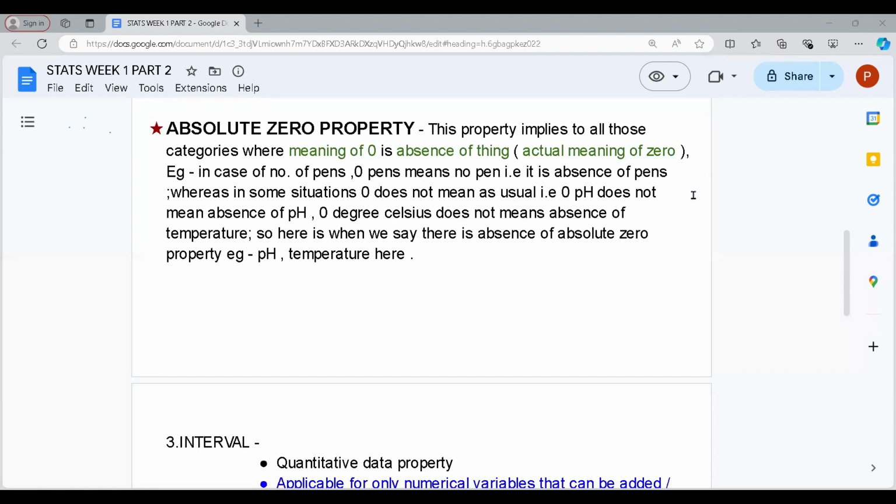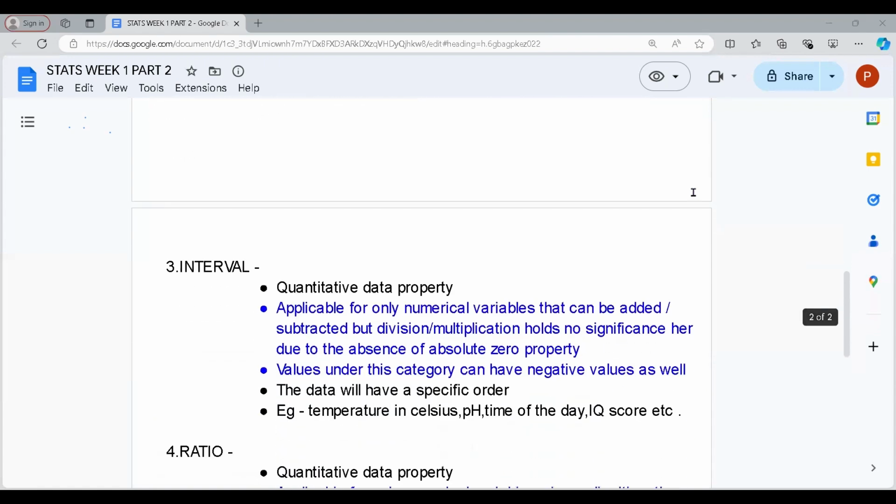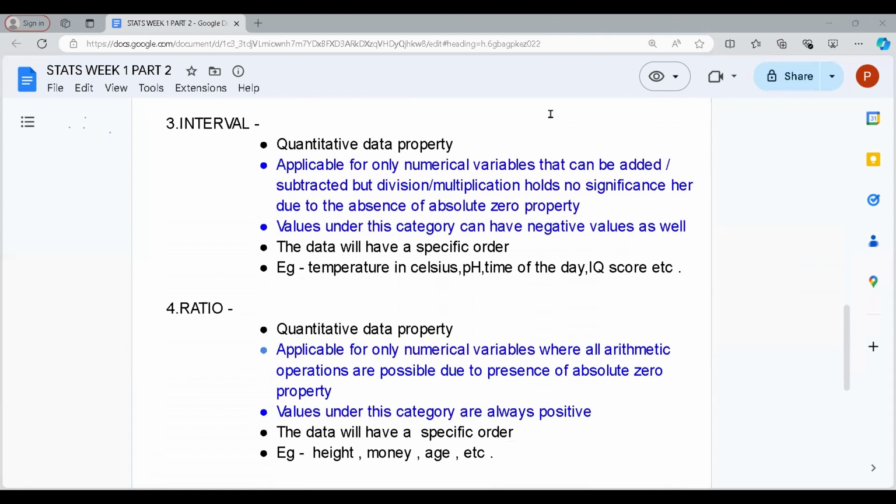Why? Because we discussed that difference in our next two scales of measurement, that was interval and ratio. In interval, we are having quantitative data property, which is applicable for numerical variables that can be only added and subtracted. Here, division and multiplication are having no significance due to lack of the absolute zero property, and values under this category can also be negative. Alongside zero and positive, they can be negative.